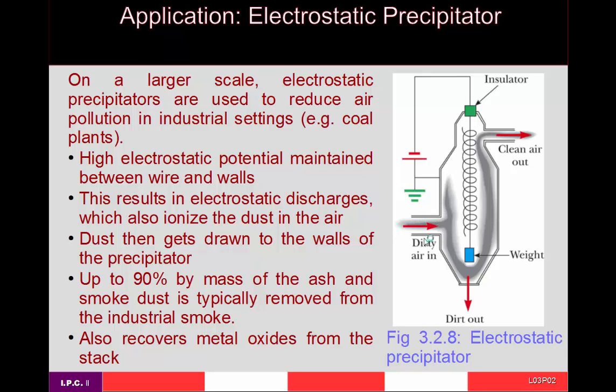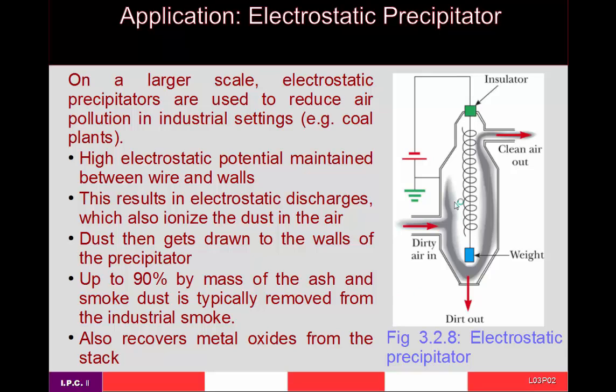And so the result is that most of the dirt falls out towards the bottom, sticks to the side, and eventually you turn it off and it can fall down to the bottom when not in operation. And so this removes up to maybe 90% by mass of the ash and smoke and soot that is being put out by these industrial smokestacks.